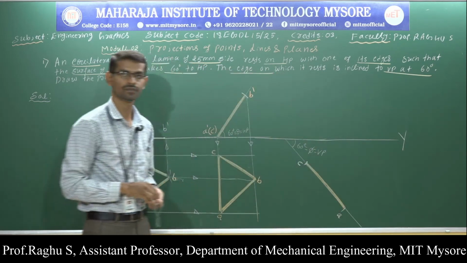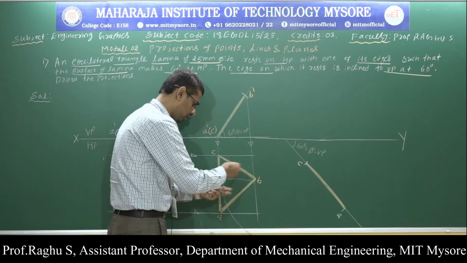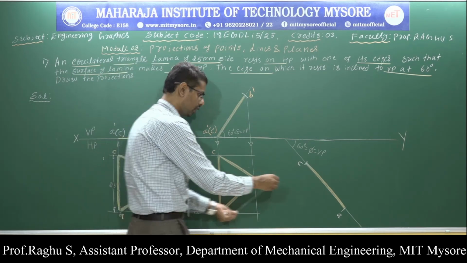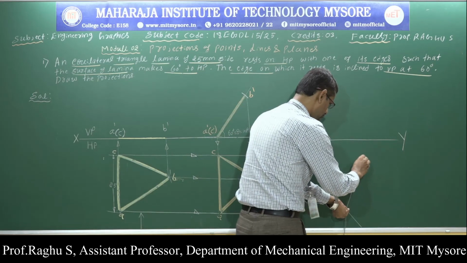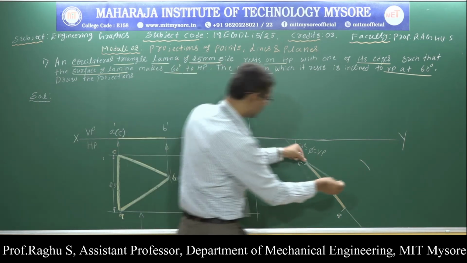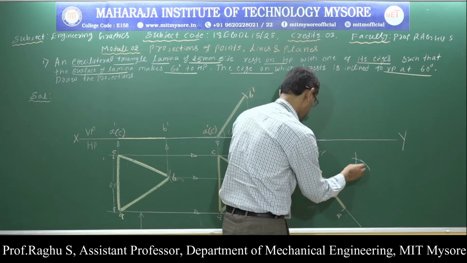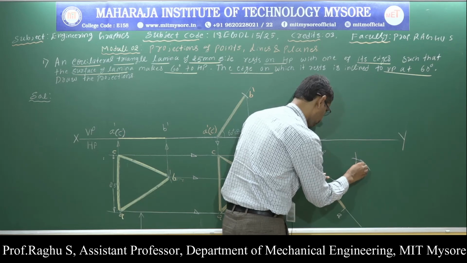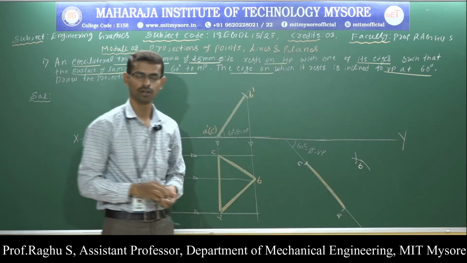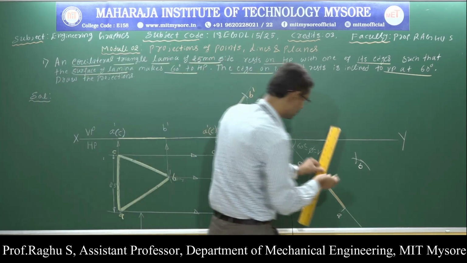Next, measure this distance A to B using compass. From here, cut an arc. Measure this distance C to B, and from C cut an arc. Here this is point B. Now connect all these three corners.